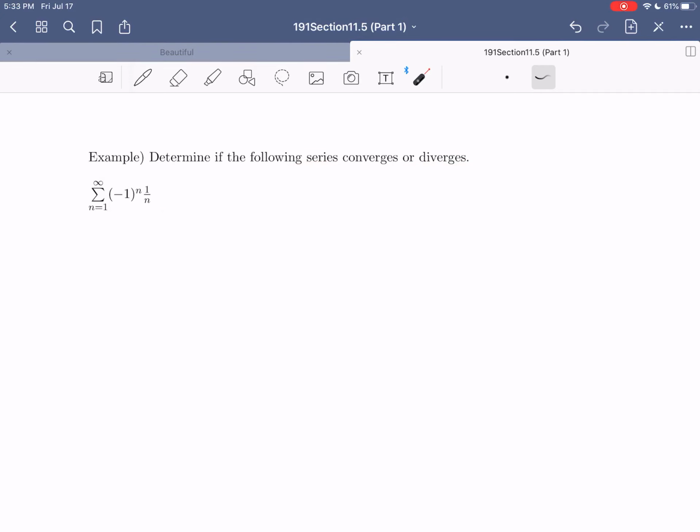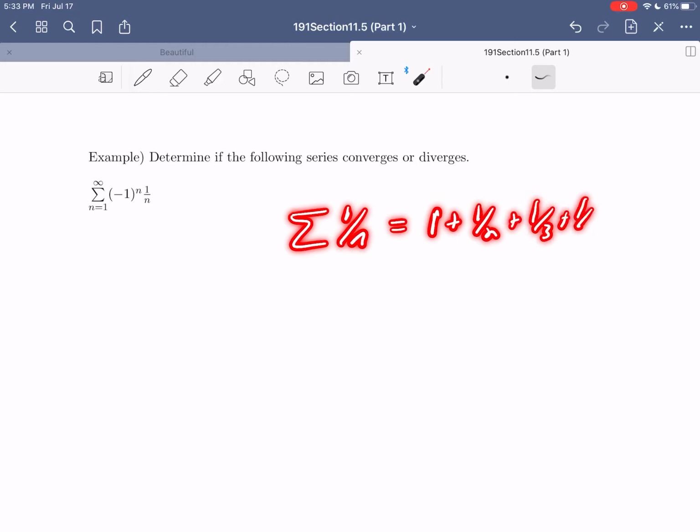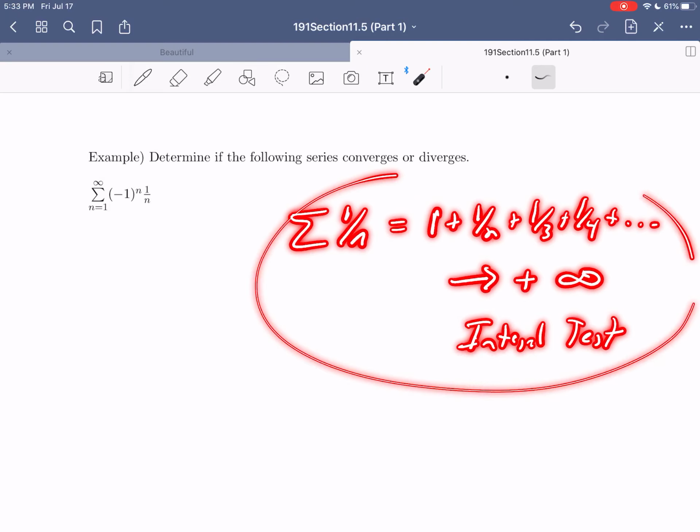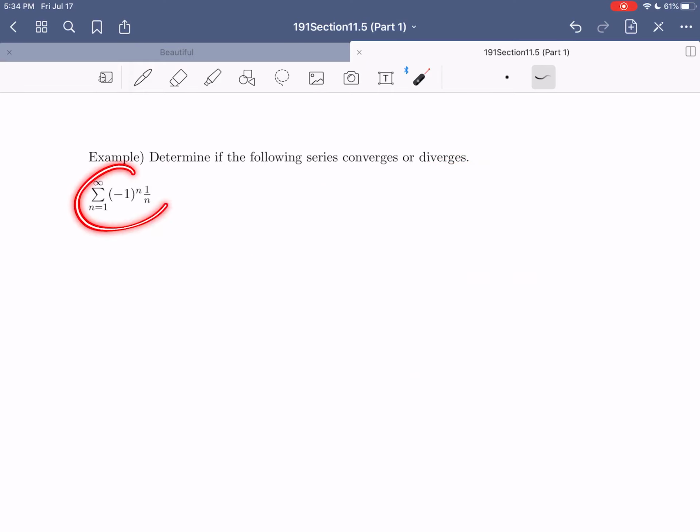Well, the big difference here is this has (-1)^n in it. Whereas the sum of 1 over n is going like 1 plus a half plus a third plus a fourth plus dot dot dot, and we actually showed that that went to positive infinity. We did that via the integral test. But this one is a little different.